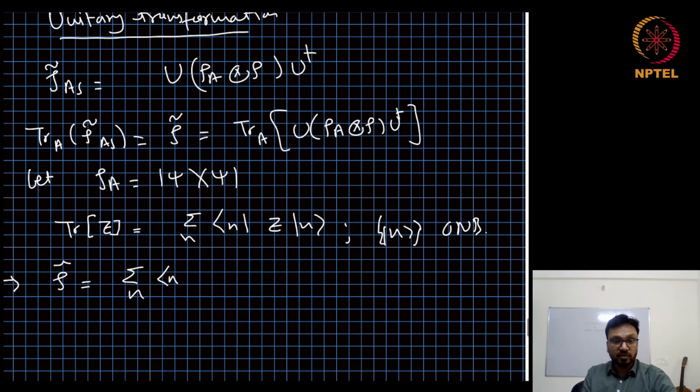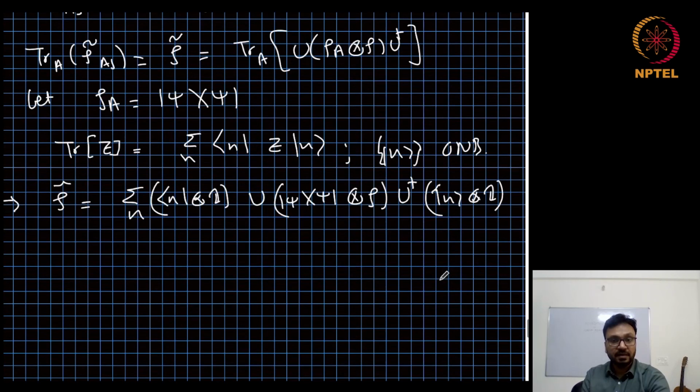We are taking the trace over only one subsystem, so n tensor identity on the other: n tensor identity, U, rho A is psi, tensor rho, U dagger, n tensor identity. So this is our rho tilde.